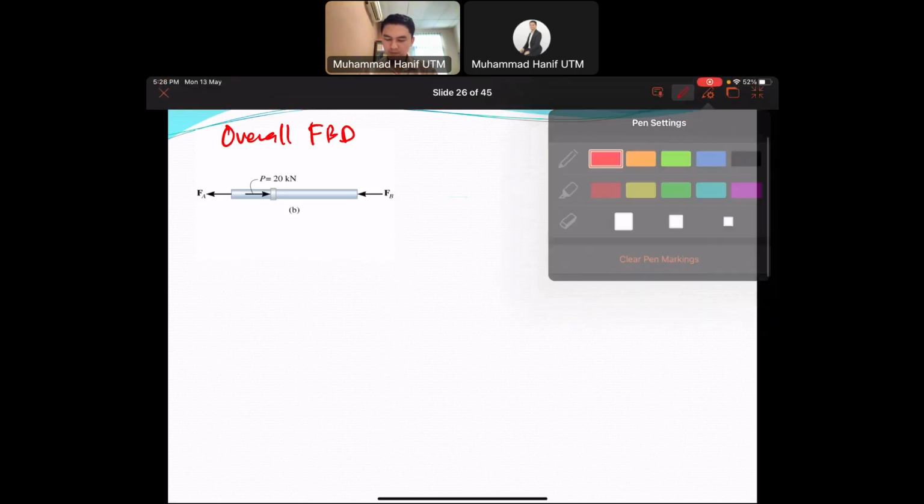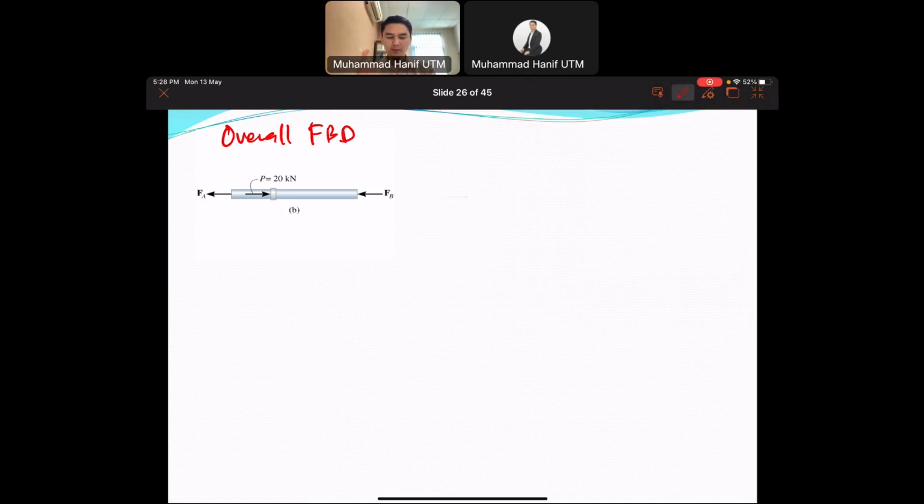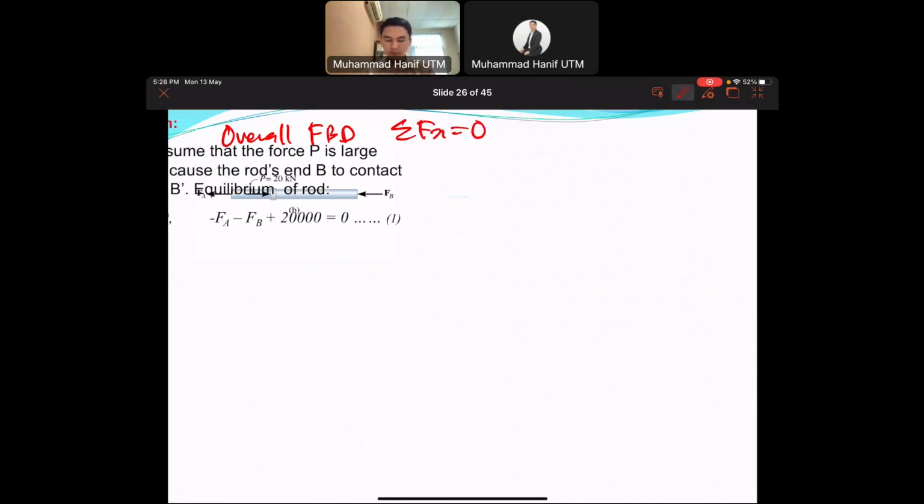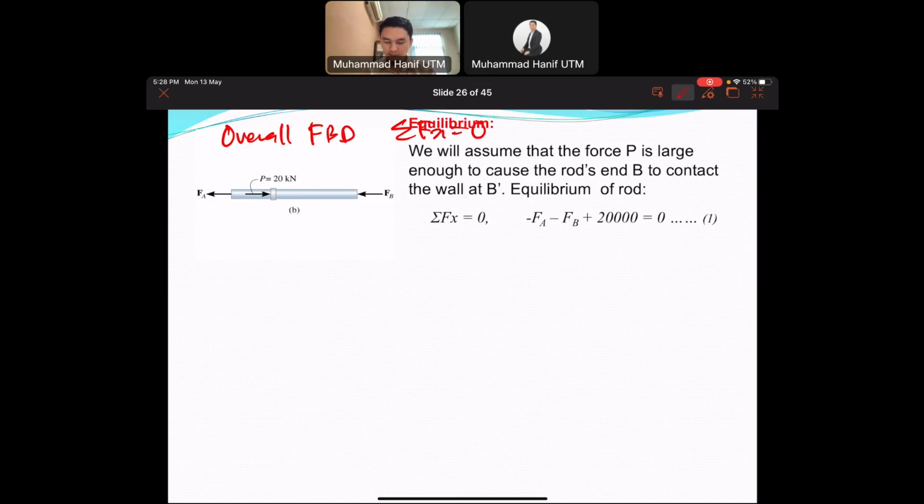Once you have this overall FBD, you can develop the first equation using the equilibrium equation. For this case, sum of Fx equal to 0. From this equilibrium, you will get this. Normally the right side is positive.